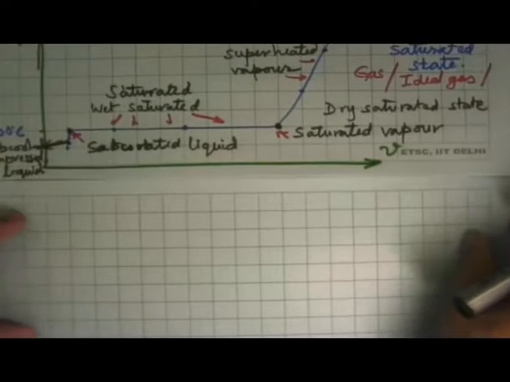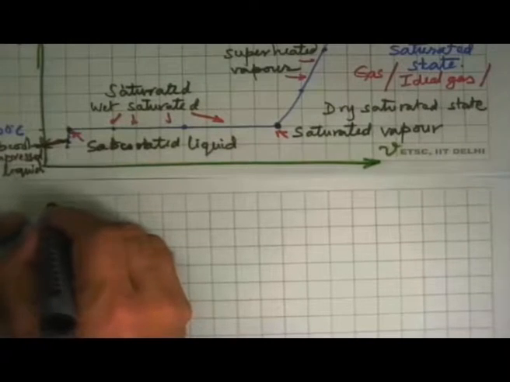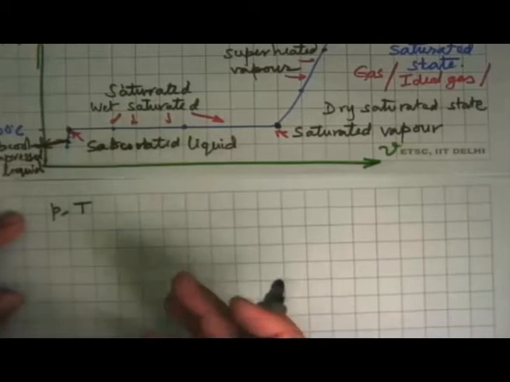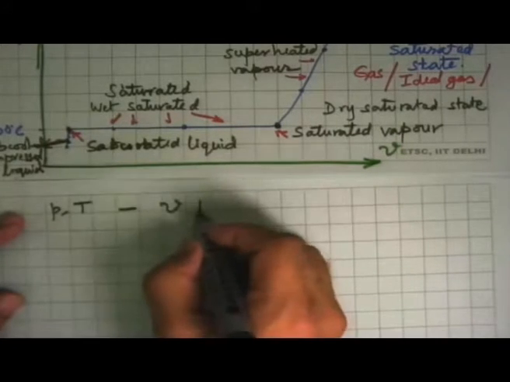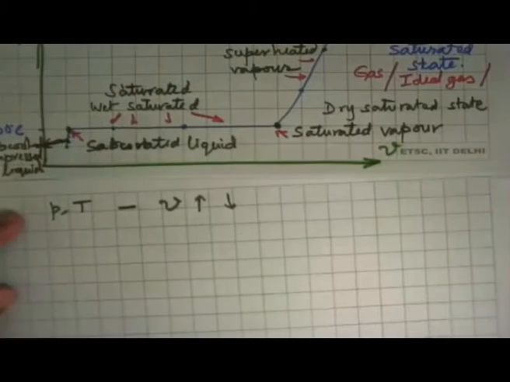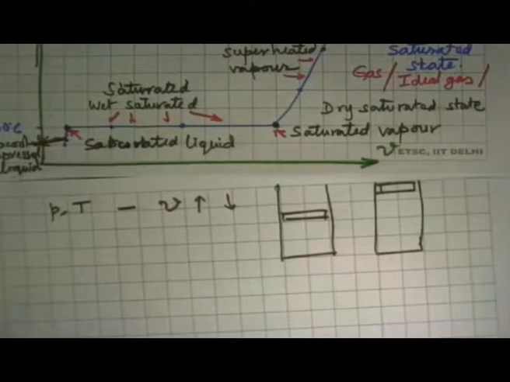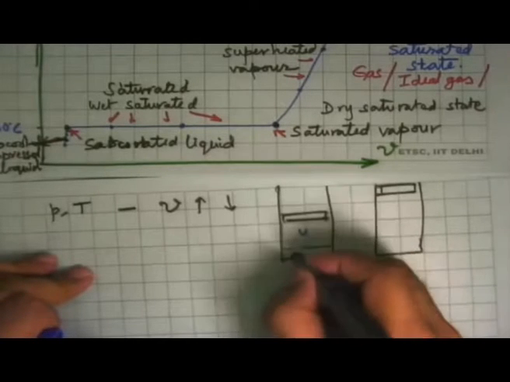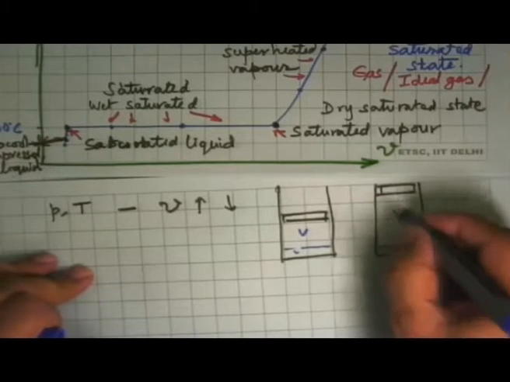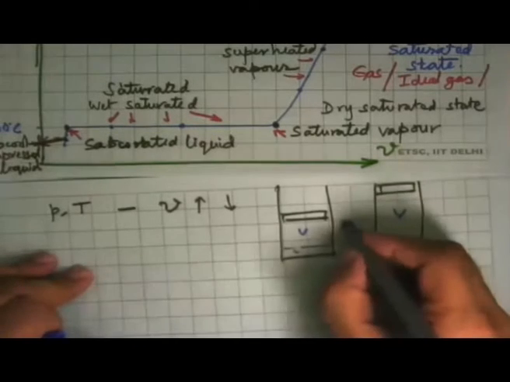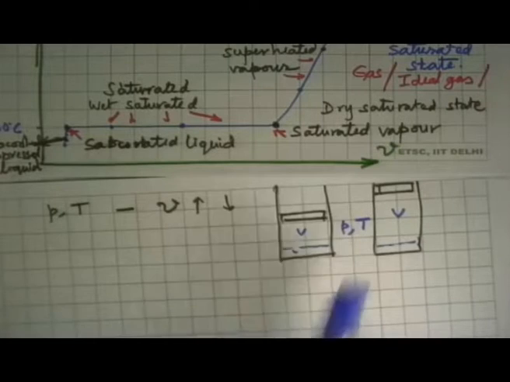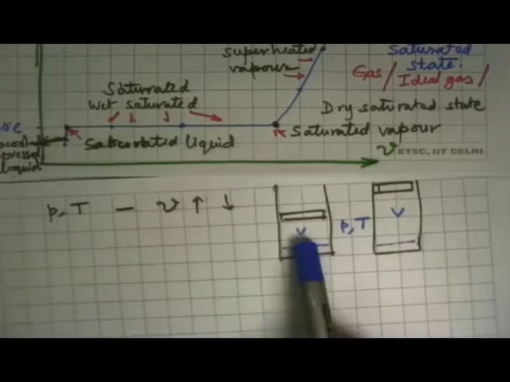In the saturated state, the substance has an interesting behavior, and what we saw was that with heating, pressure and temperature were the same, but specific volume kept increasing or decreasing, whichever way you're heating or cooling it. Which means that if I have two containers, one has this much volume, the other has this much volume, and this has this much liquid and this much vapor, and this has this much liquid and this much vapor, and both are at the same pressure and temperature P and T. If I know the pressure and temperature here, tell me what is the specific volume?